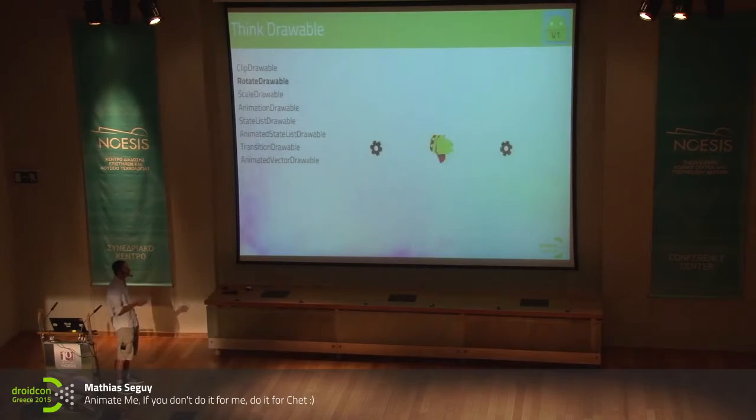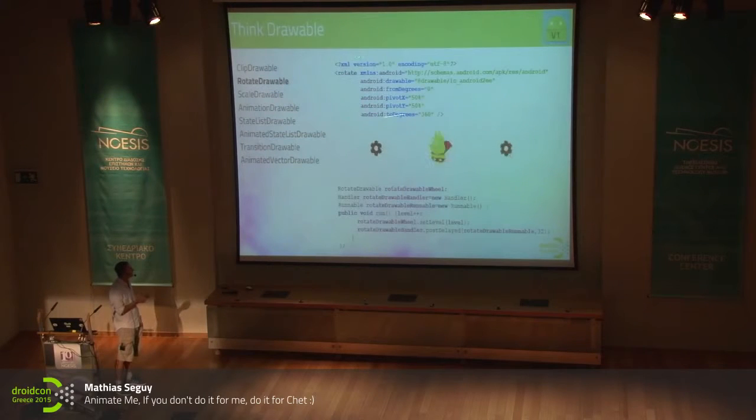You can rotate a drawable too. It's cool because it's like rotating by themselves. It's natural. For the icon here, it's not natural. So the same thing, you declare in an XML file in your drawable folder.